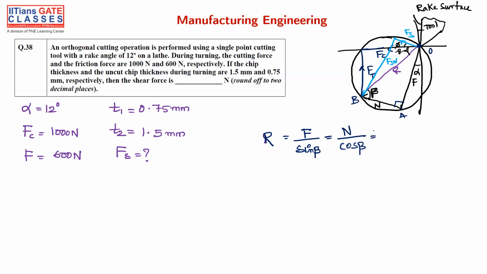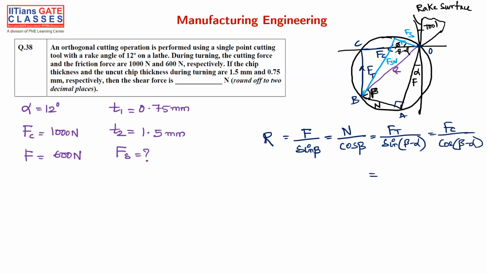Okay, and by considering another triangle, that is OBC, OCB triangle. If you're considering OCB triangle, then you can write FT by sine beta minus alpha, that is equal to FC by cos beta minus alpha, right?